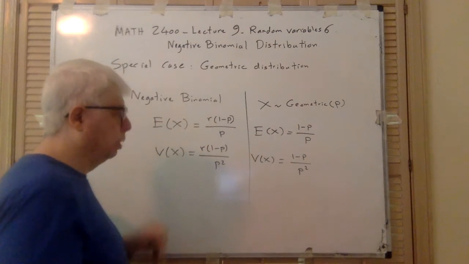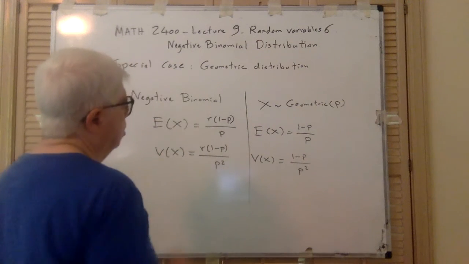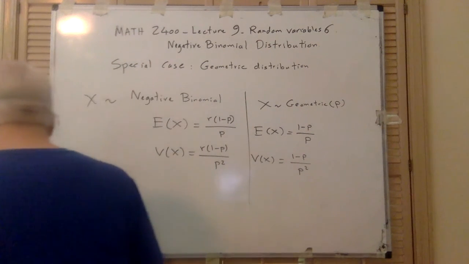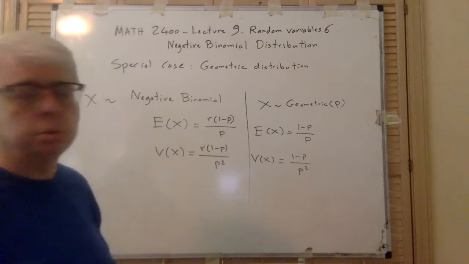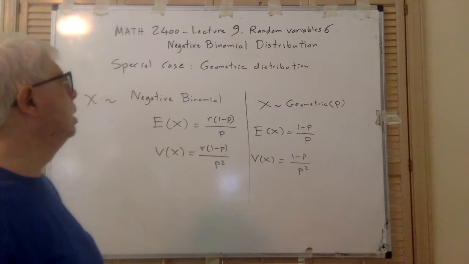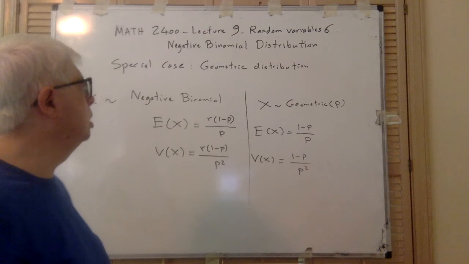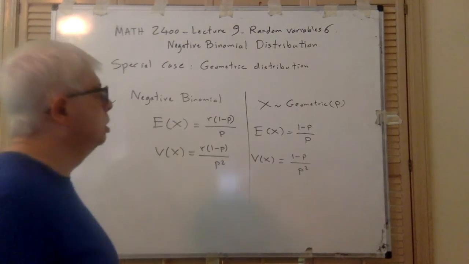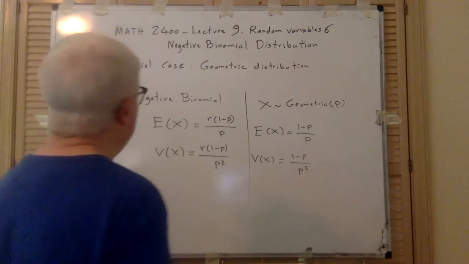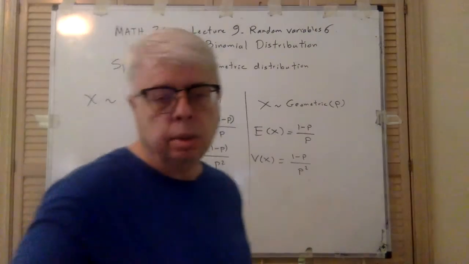That's when r is 1. This is r is more than 1. Okay, so that is in fact the story of negative binomial distribution, and the special case is a geometric distribution. Okay, so let me stop this.